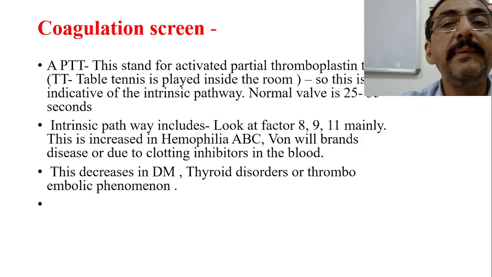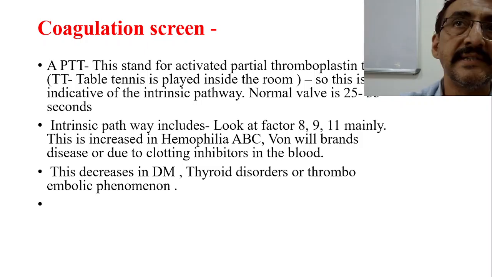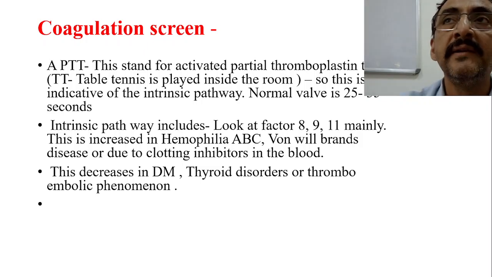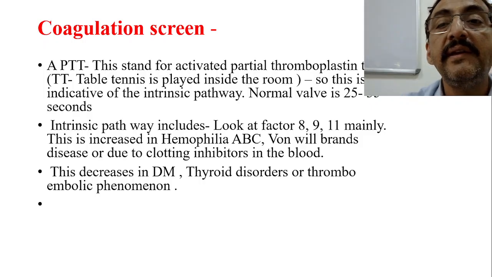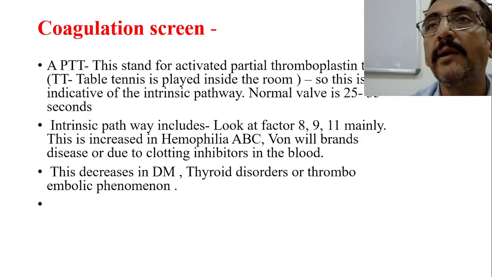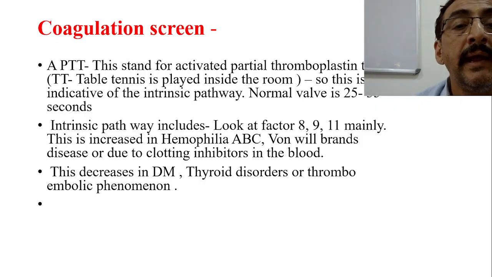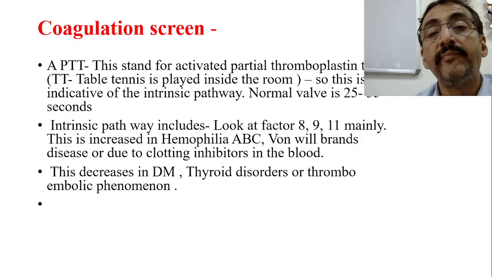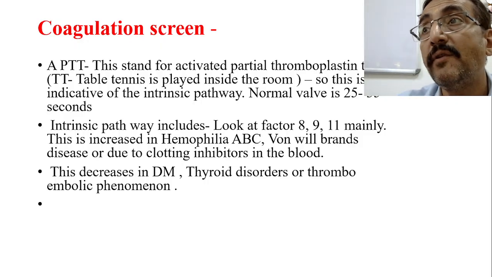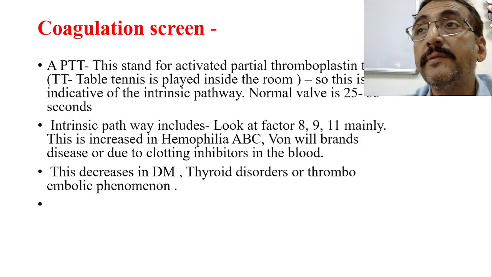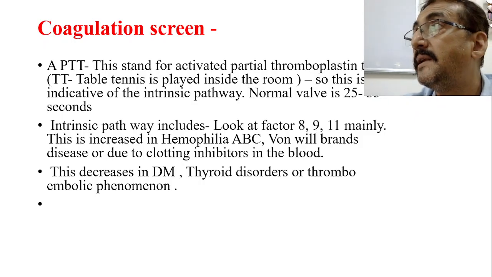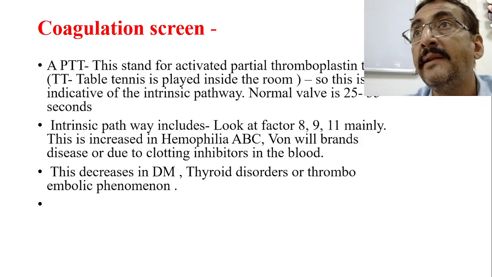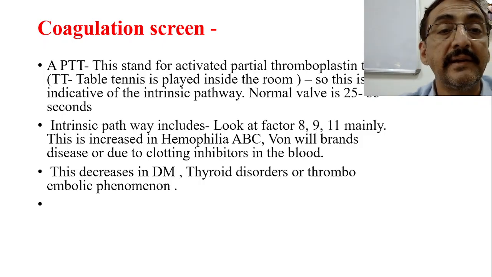The normal value of the APTT is 25 to 35 seconds. That means if APTT is normal, then clotting will take place. The intrinsic pathway starts from factor number 12, then factor 11, then 10, then 9, then 8, like that.